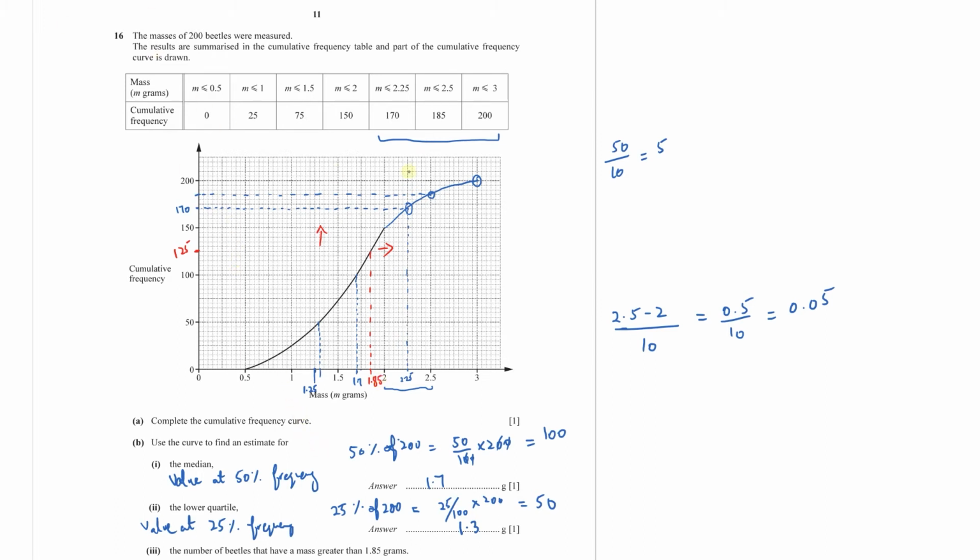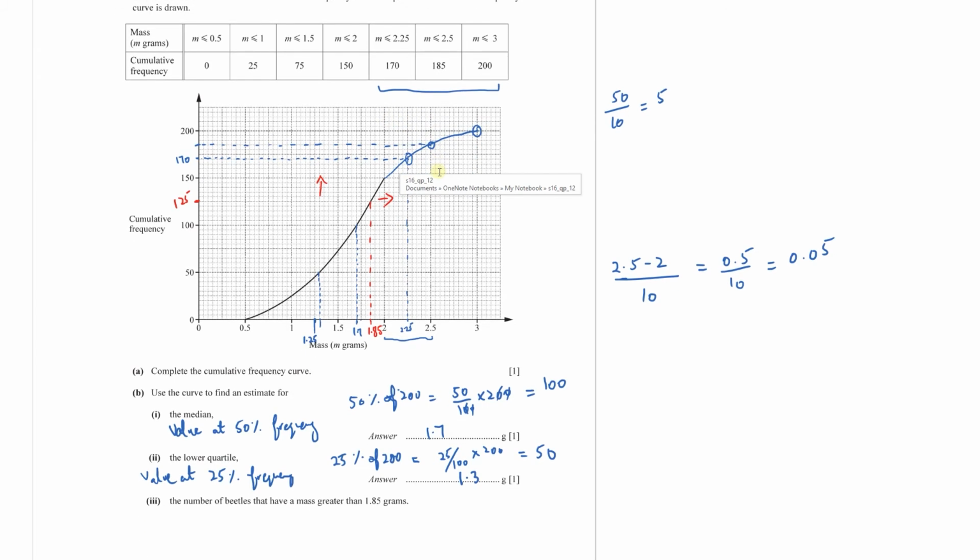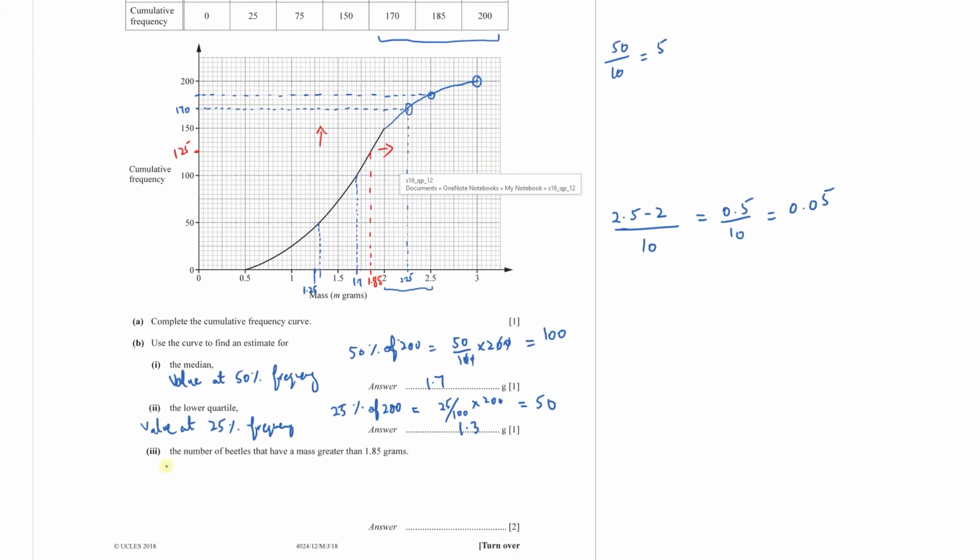So if I want to calculate the number of beetles which have a mass of greater than 1.85 grams, I know that 125 have mass less than 1.85. So 200 minus 125 will give me the number of beetles that have a mass greater than 1.85 grams. So this is 200 minus 125 would be 75. So your answer will be 75. So you have 75 beetles whose mass is greater than 1.85 grams.